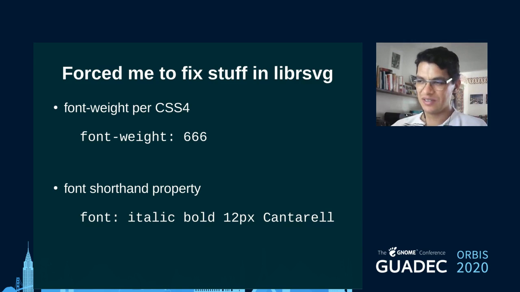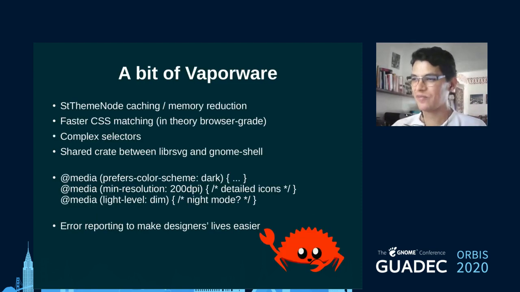You need to write all these individually. But if you write a style attribute with inline CSS, that actually works with the font shorthand. Anyway, it's fixed in librsvg, and gnome-shell is using that code now in my branch. So I'm really liking this thing about standardizing the property syntax for both projects now.